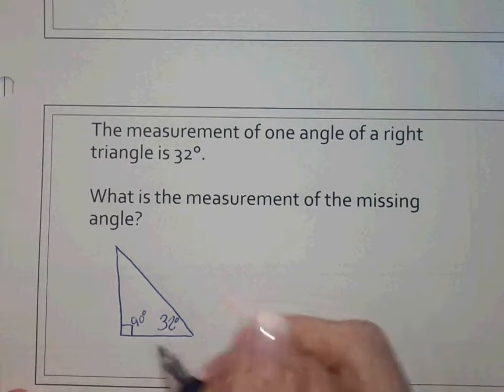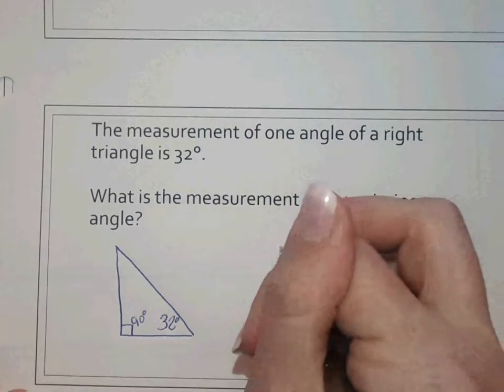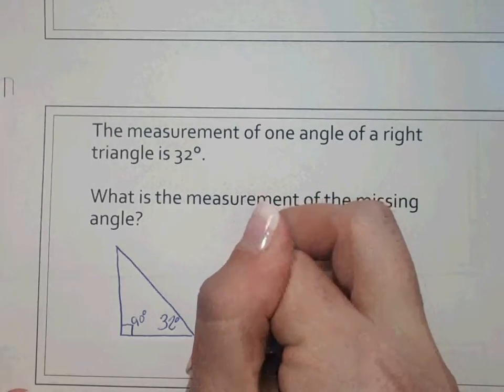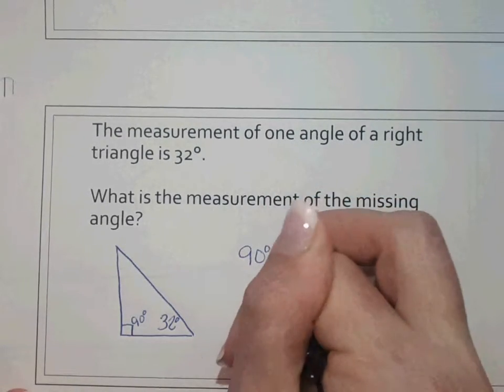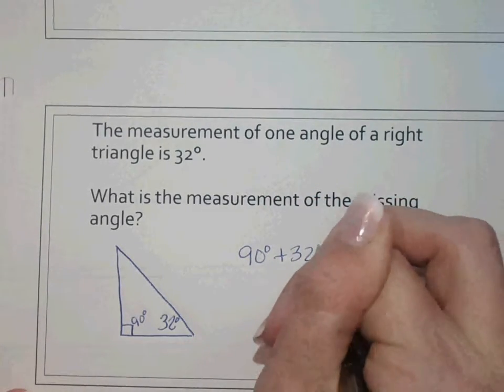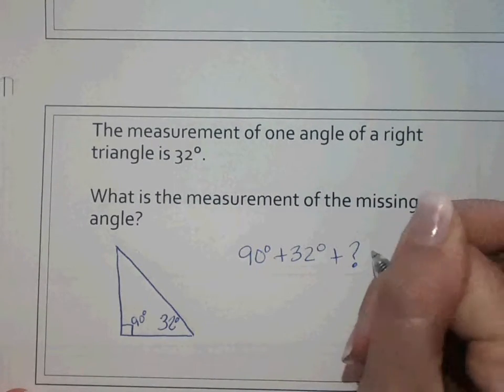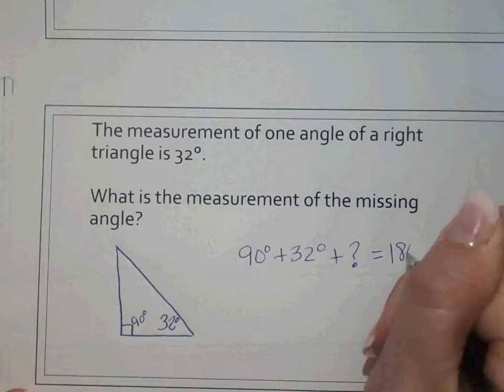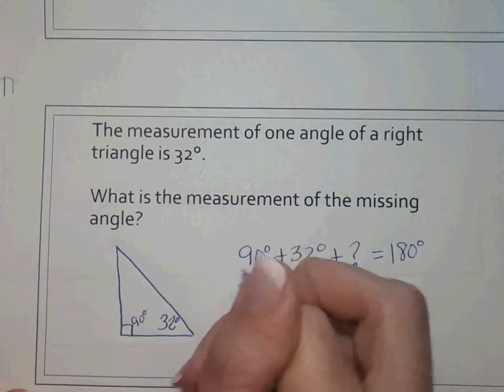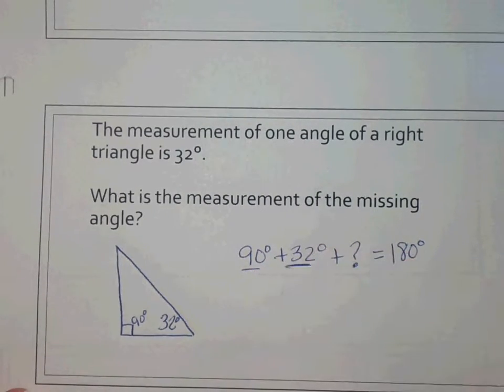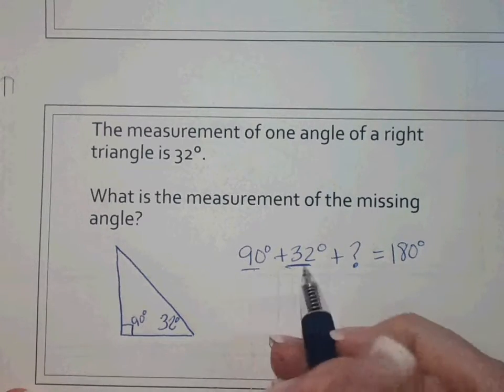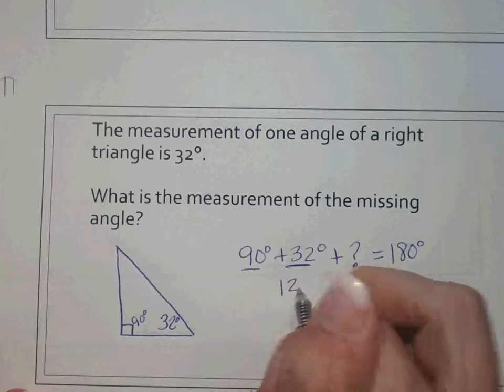Remember that all triangles add up to 180 degrees. So I've got 90 degrees plus 32 degrees plus some other is 180. So what I do first is I add these two together. So 90 plus 32 gives me 122.